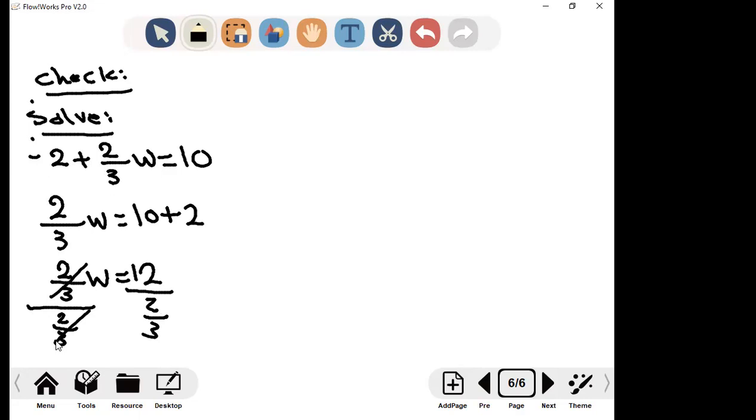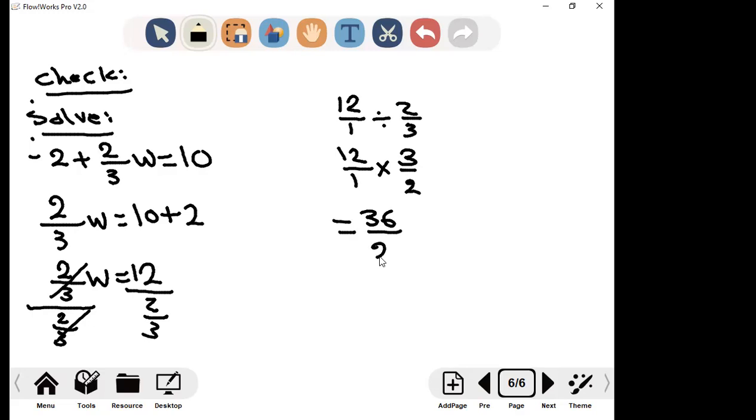And come here and make the simplification. The 12/1, right? With 2/3 coefficient, right? Now divide the fraction. 12/1 multiply 3/2 means 36 divided by 2 equals 18.